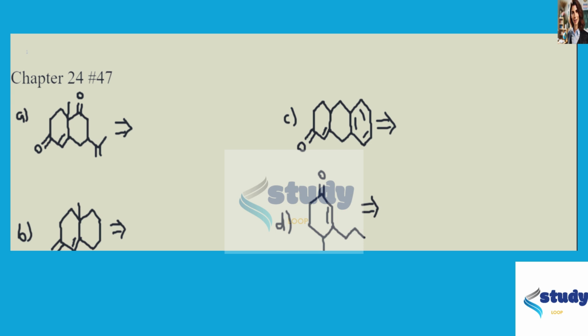These are somewhat complicated to work backwards on. What I would recommend is drawing a line through the alkene in the six-membered ring, the alpha beta unsaturated ketone, and then remembering that one starting material is going to have a ketone there.